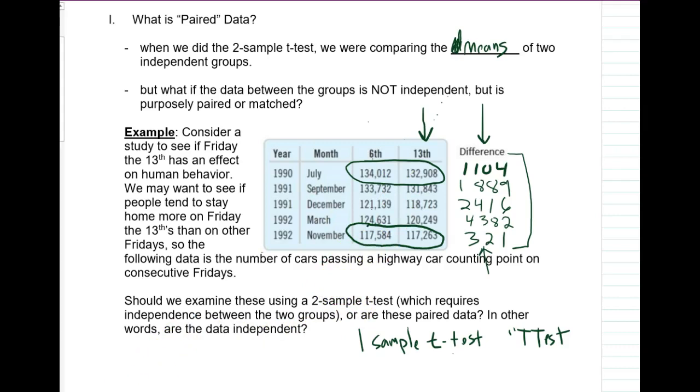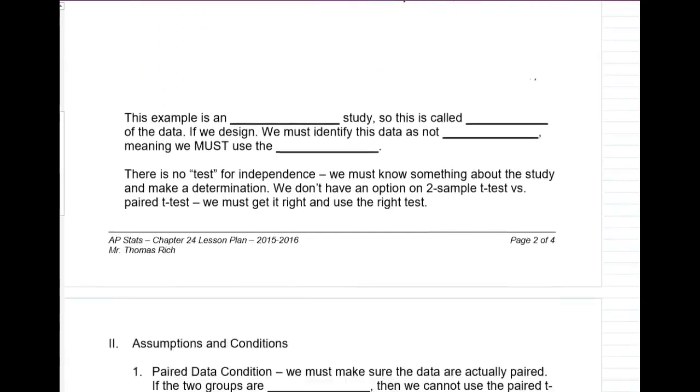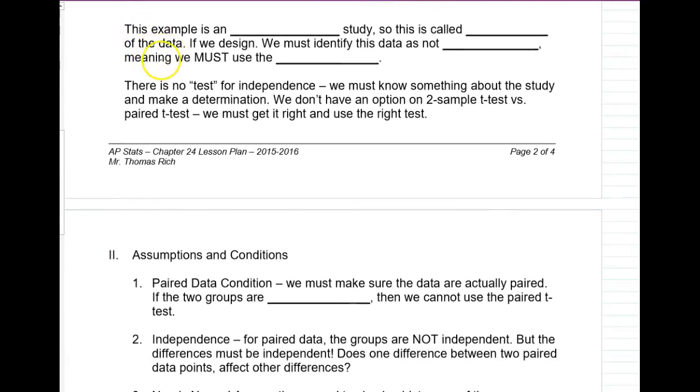All right, let's go to what I think is the next page here. The example that we worked on, as I said, is an observational study. And so what we've done is called pairing, or sometimes it's called matching of the data.